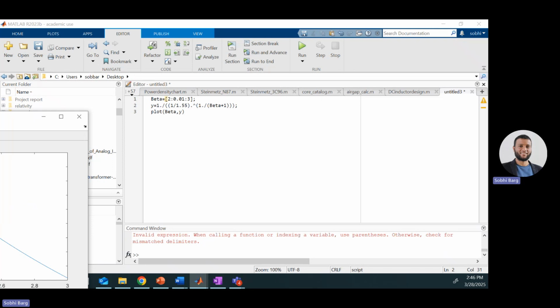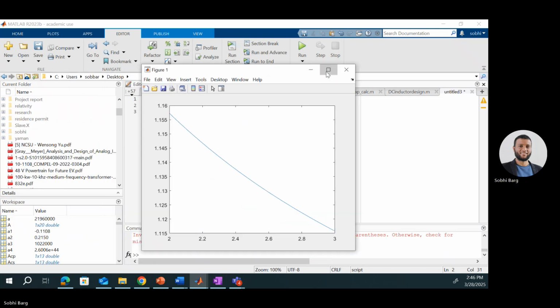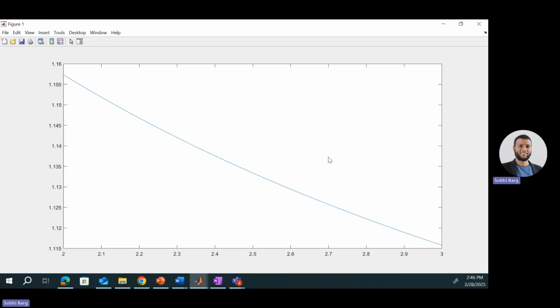Okay, here I can show you now. So you can see that the ratio of the optimal number of turns between any materials, considering any material, can vary between 1.11 and 1.15.